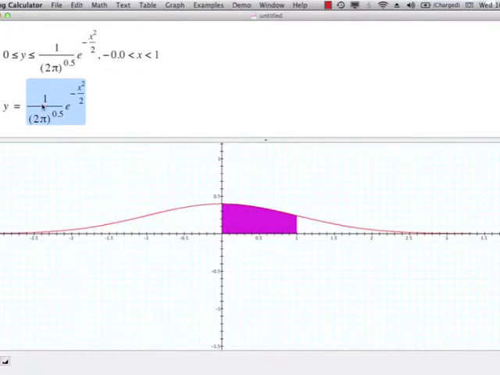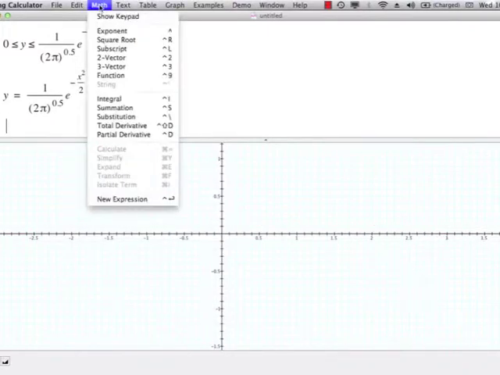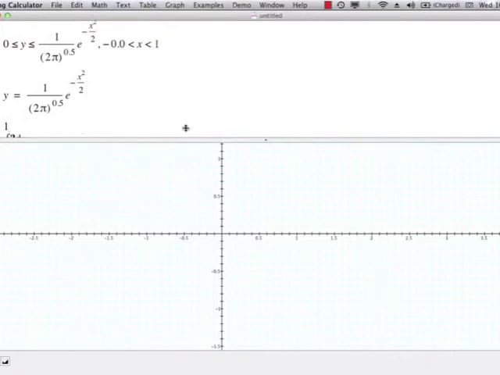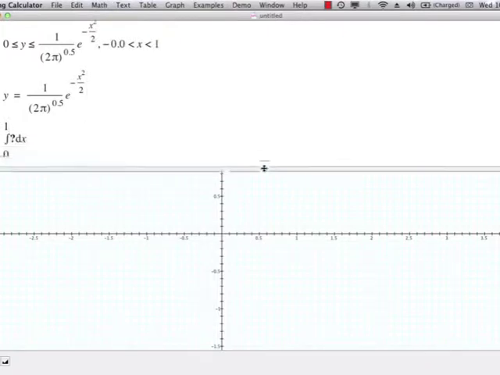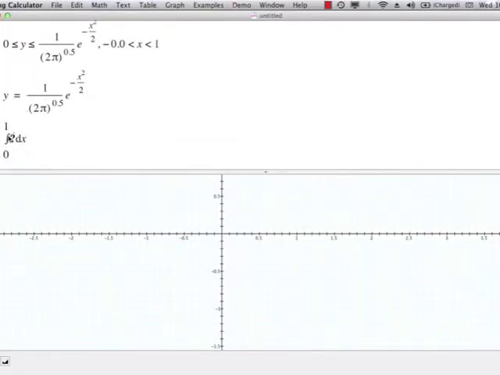Fortunately, my graphing calculator has a way to numerically integrate, and your graphing calculator probably also has a way to numerically integrate. So I integrate that function numerically from 0 to 1, and I get 0.341, which is 34.1%.